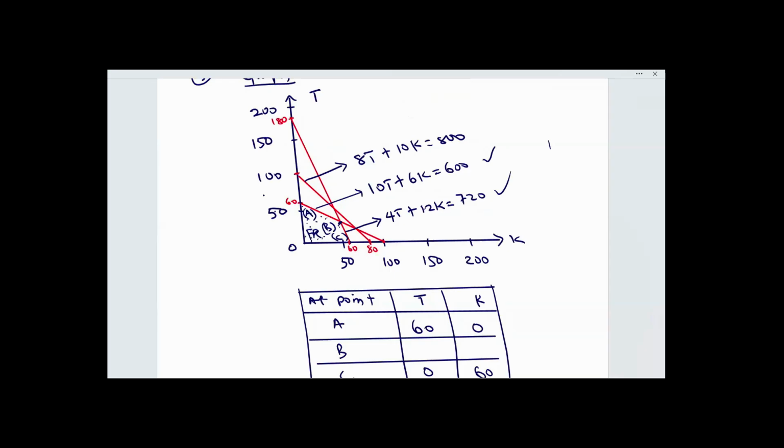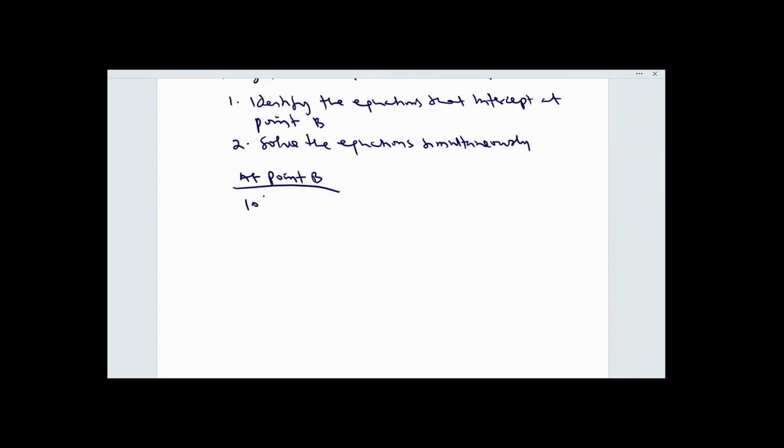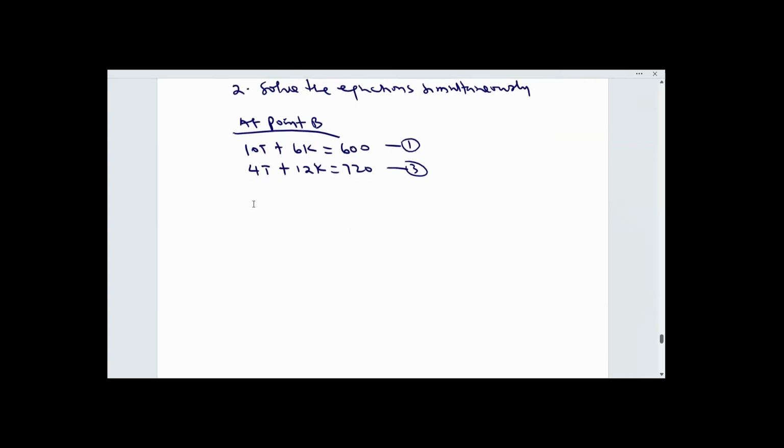So the second and the third equations are the ones that intercepted at point B. 10t plus 6k equal to 600, then 40t plus 12k equal to 720. Then we now solve using simultaneous equations.